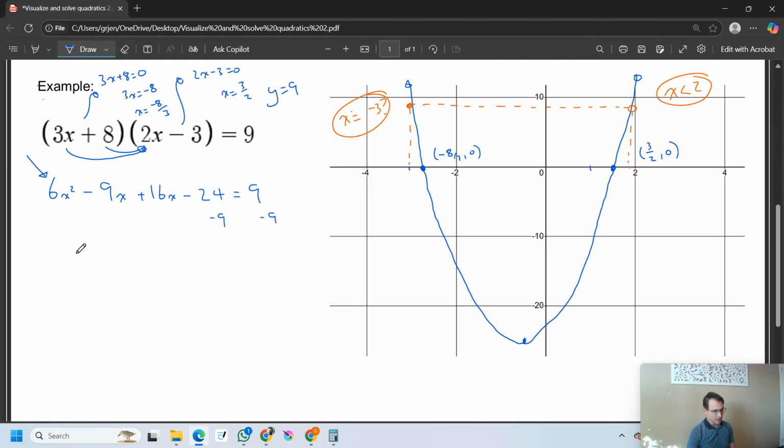And then we get the next line, 6x squared minus 9 plus 16 is going to be plus 7x minus 33 equals 0. Okay, so that is expand and simplify that to the max.